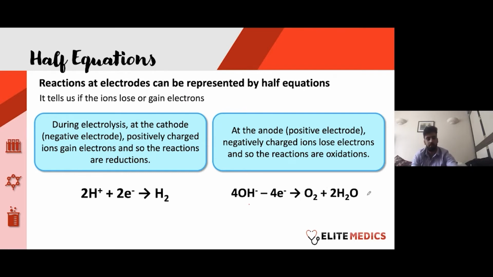So you can either write it as this, or you could write it as this. 4OH, and this is the one I would do, the one that I'm writing out. 4OH minus goes to O2 plus 2H2O, plus 4e minus. We always like to use pluses. We don't like to use minuses in equations. It's neater like this. So we're saying we've lost 4 electrons, hence the 4 electrons on the other side.